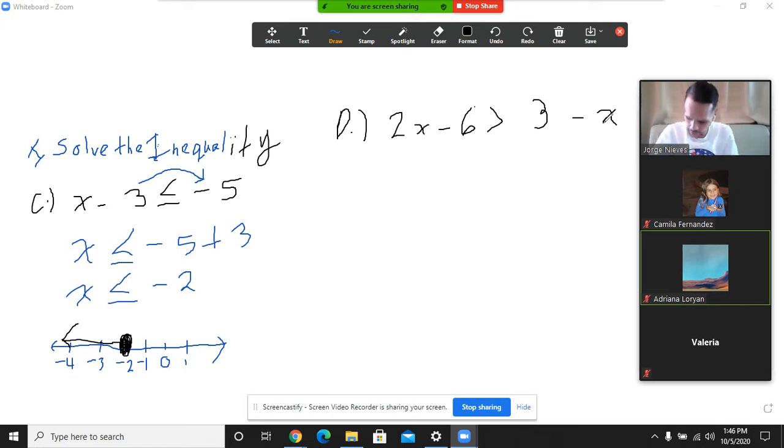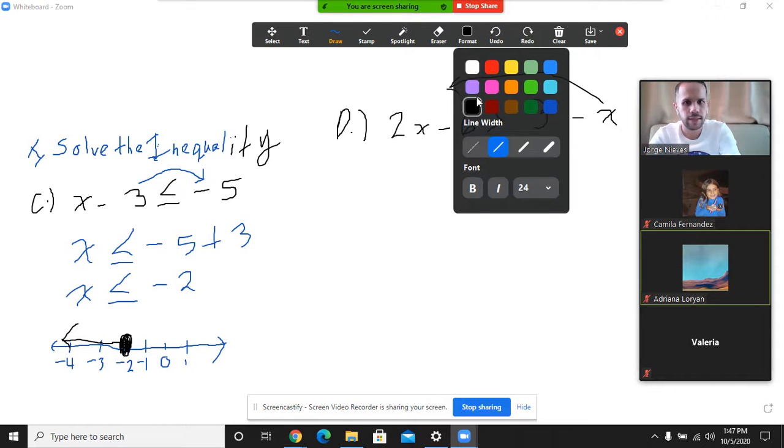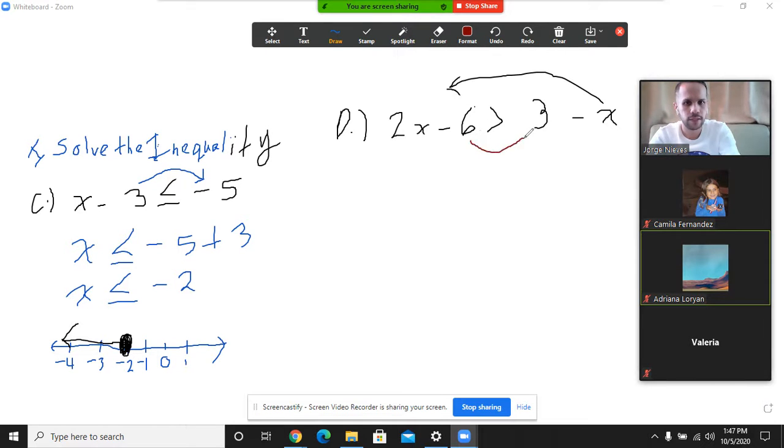So I told you that it's better to leave the x to the left of the inequality and the whole numbers to the right side of the inequality. So I'm gonna move the x over here, and I'm gonna move the -6 to the other side of the inequality.